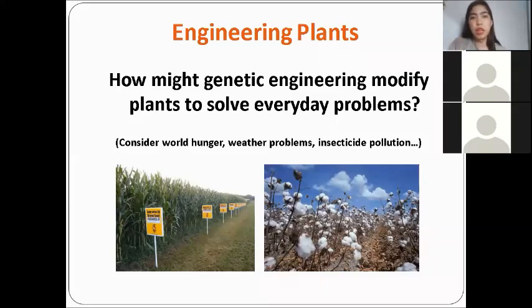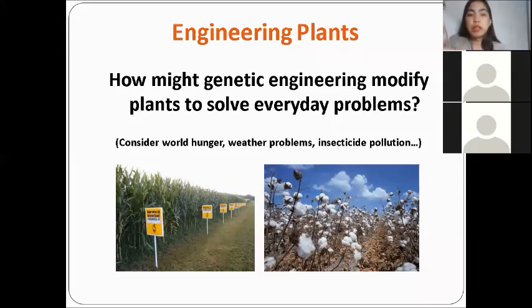Pwede yon. So paano nagkaroon ng idea yung mga researcher para gumamit ng GMO para ma-solve yung problem dito? Hindi lang sa Philippines, in the whole world, ganon.